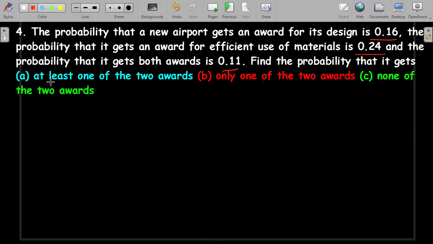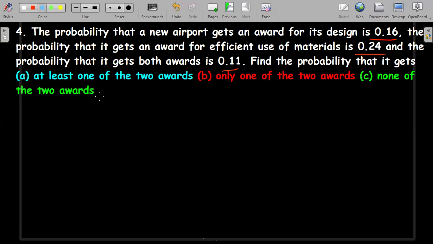So on the first one, they're saying at least one of the two awards. So what does at least one of the two awards mean? It means this person can get the award for the design only, or he can get the award for the efficient use of materials only.